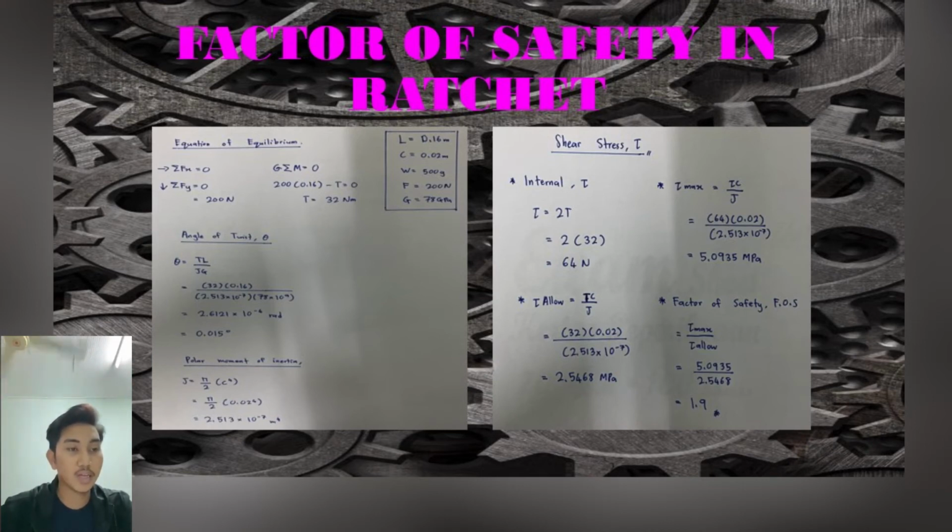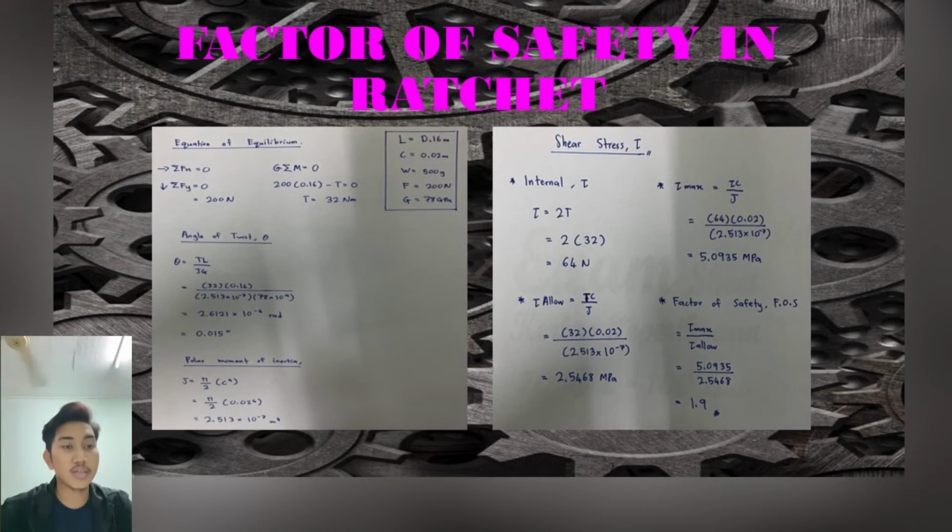The formula is J equal to pi over 2 times C to the power of 4. Pi over 2, and C is 0.02 to the power of 4. So the answer is 2.513 times 10 exponent negative 7 meter to the power of 4.